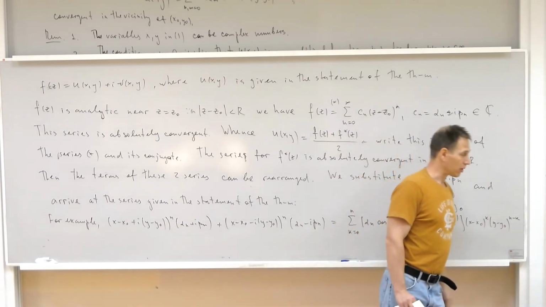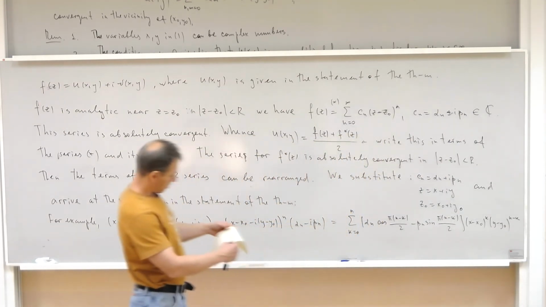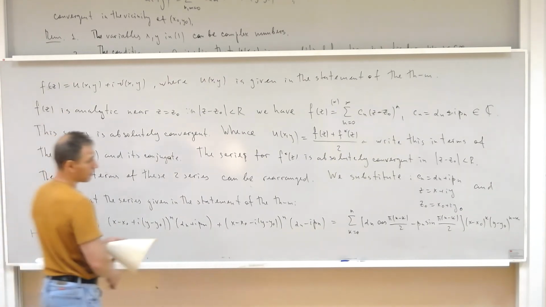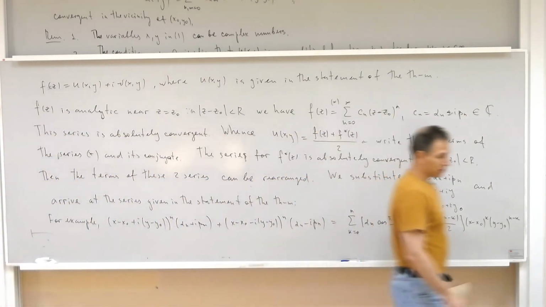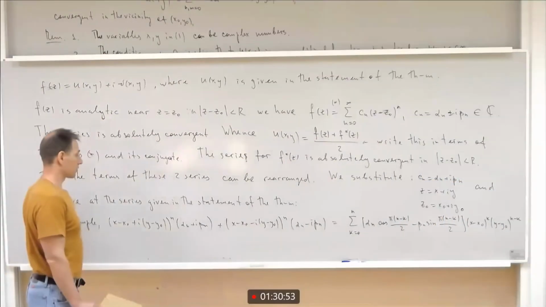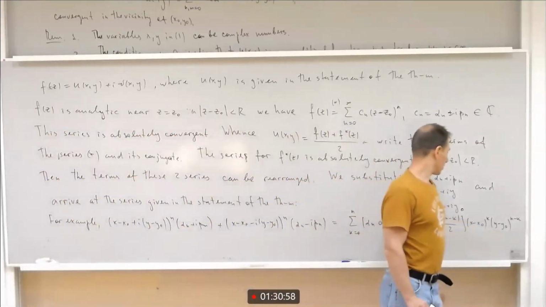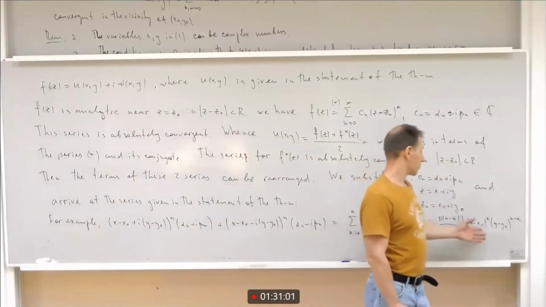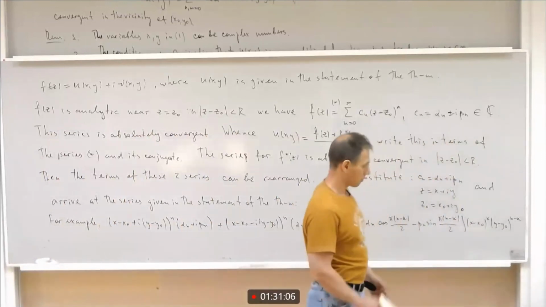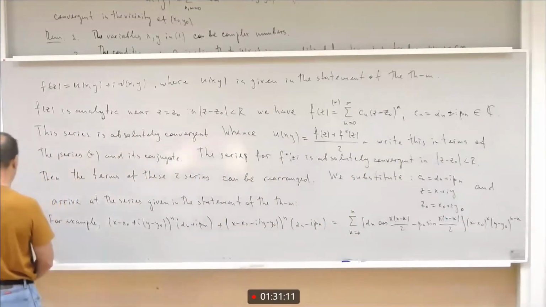You see that indeed these two terms can be represented in the form stated in the theorem, and then we just sum this expression with respect to n and collect the terms at equal powers of x minus x0 and y minus y0. And the proof is finished.